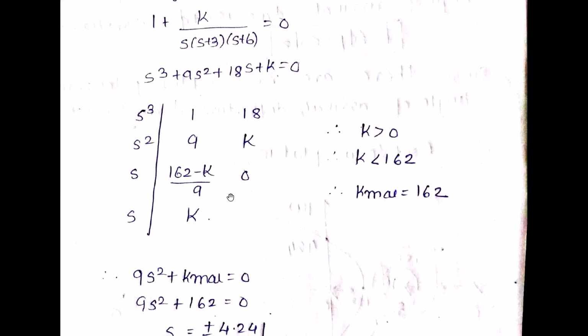If you find out the first column elements, k must be greater than 0 because all the first column elements must be positive. Also, my minus 162 minus k upon 9 should be greater than 0, which will give me k smaller than 162. Therefore, my k marginal value, that is the maximum value, will be 162.